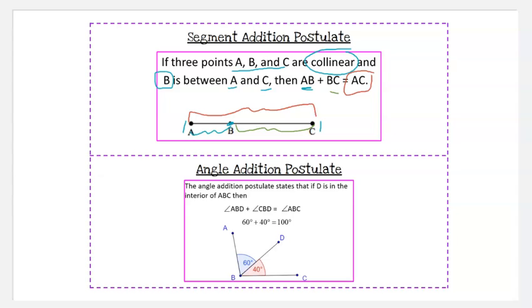Which would make sense, because if we have two segments that are touching, and this piece was like 7 and this was 13, then the whole thing would be the sum of that, 20.